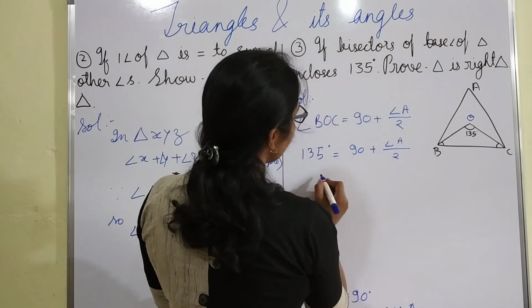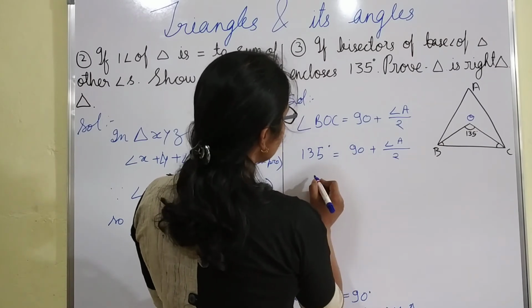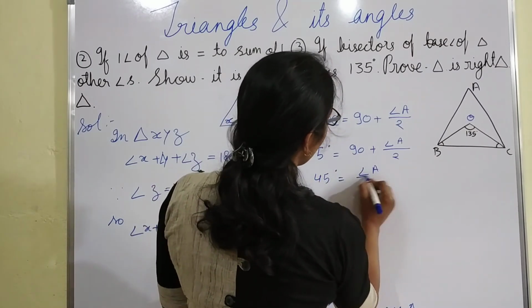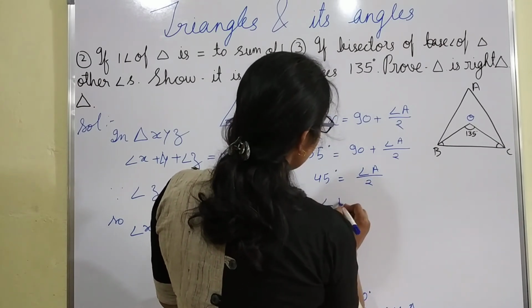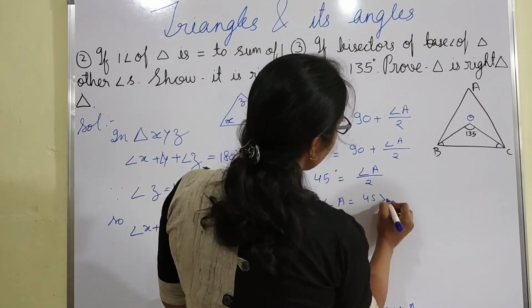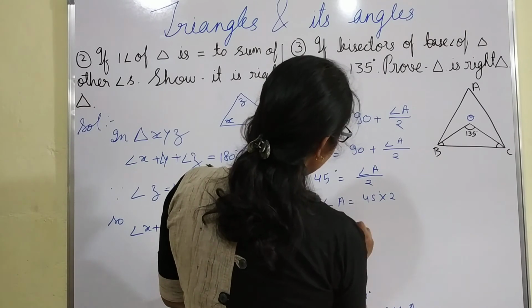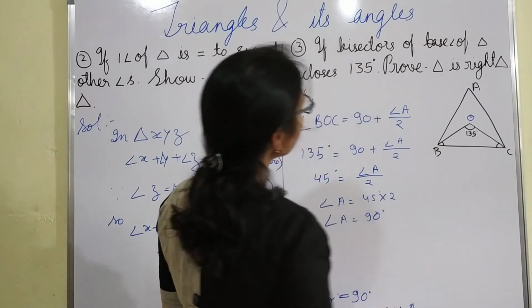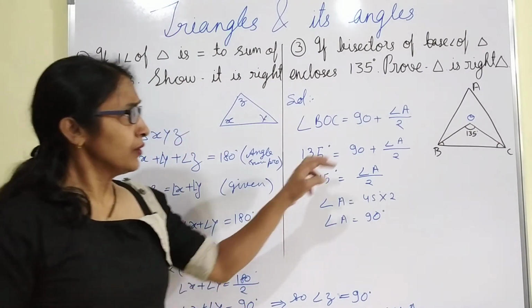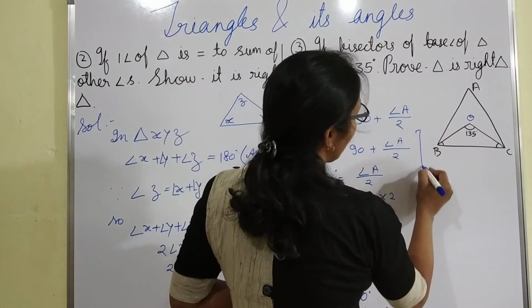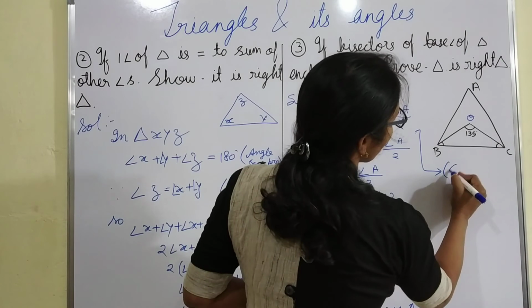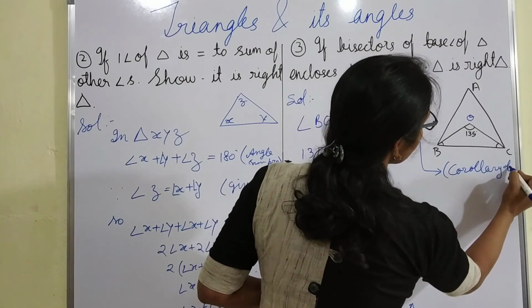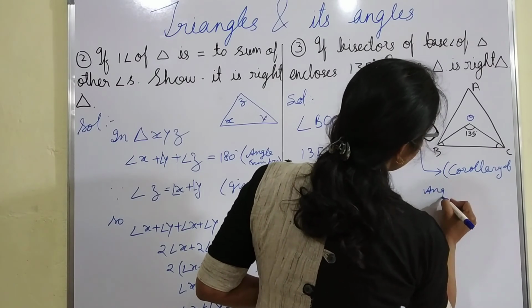So it will transpose this side. So 45 degree equals to angle A upon 2. So angle A equals to 45 into 2. Angle A equals to 90 degree. Okay. You have to write here corollary of angle sum property.